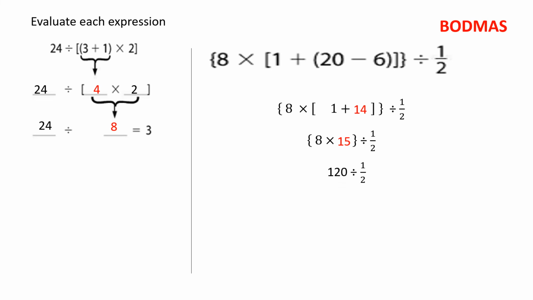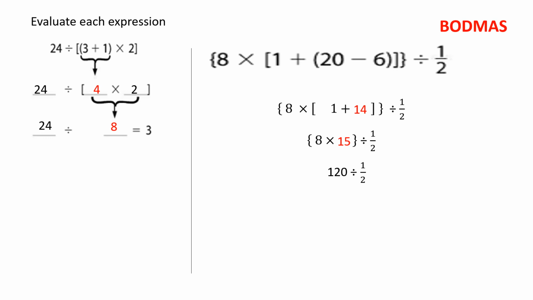Now, how to divide the whole number by a fraction? As I said to you, use that rule, which is keep, change, flip. What will I keep? Yes, of course, keep the first number, which is 120. Then change divide to be multiply. Then flip the other fraction or find the reciprocal of half, which is 2 over 1.